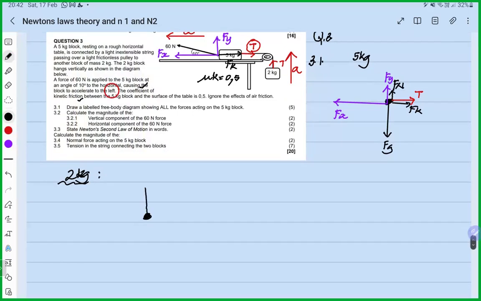It's accelerating upwards, so the tension has to be larger than the gravitational force. There's no other forces on this. And there's your free body diagram for both the 5 and the 2. They will not ask you for both. But as I said, you will definitely end up using both of the free body diagrams in your calculation.